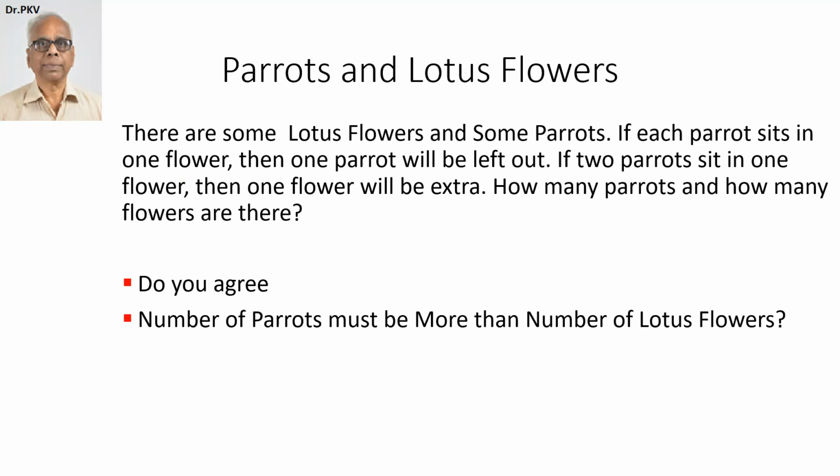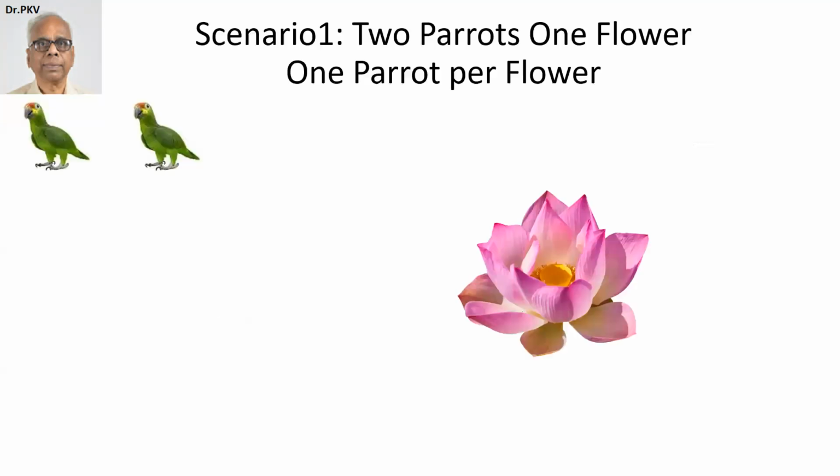Therefore, we can think of starting the initial solution with two parrots and one flower. Scenario one. Supposing one parrot occupies one flower, then one parrot is left out. That condition is fulfilled.